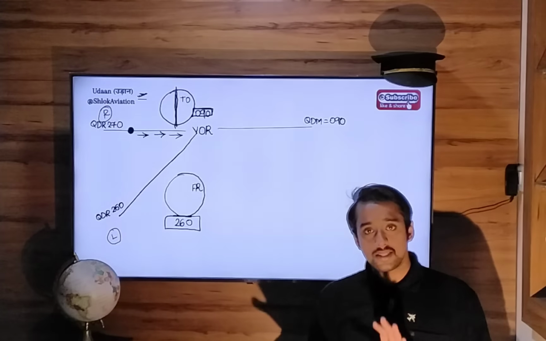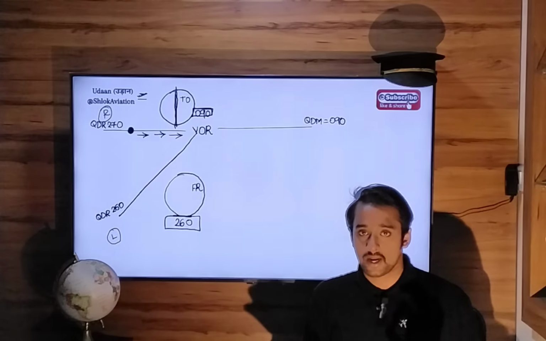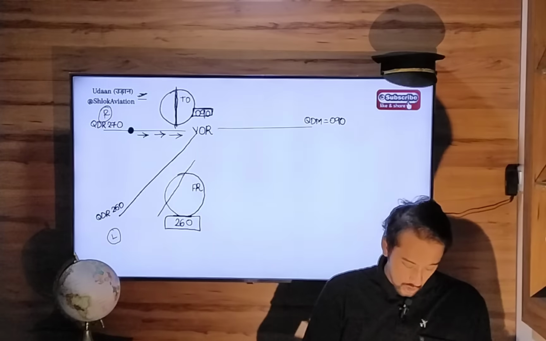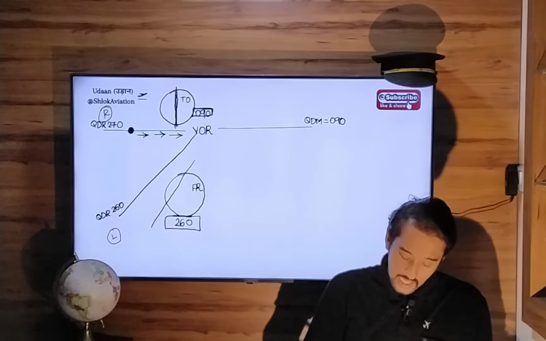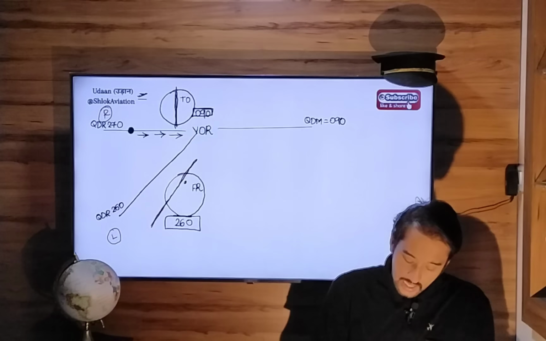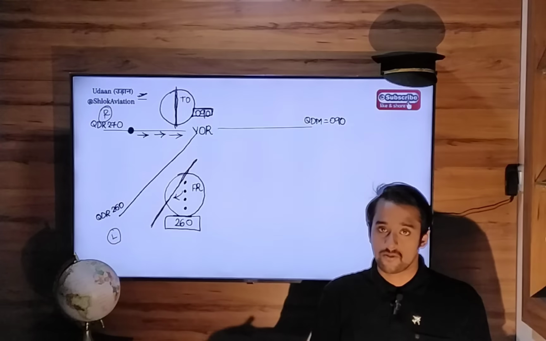All radials take you outbound from the VOR, so there is only one perspective. So 260 is to the left, and therefore the CDI needle will go to the left hand side, telling you that the pilot should turn his aircraft to the left.